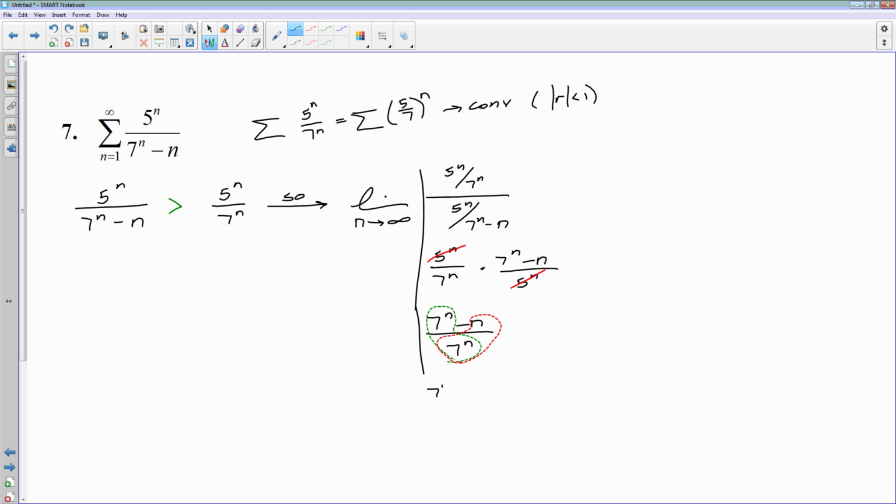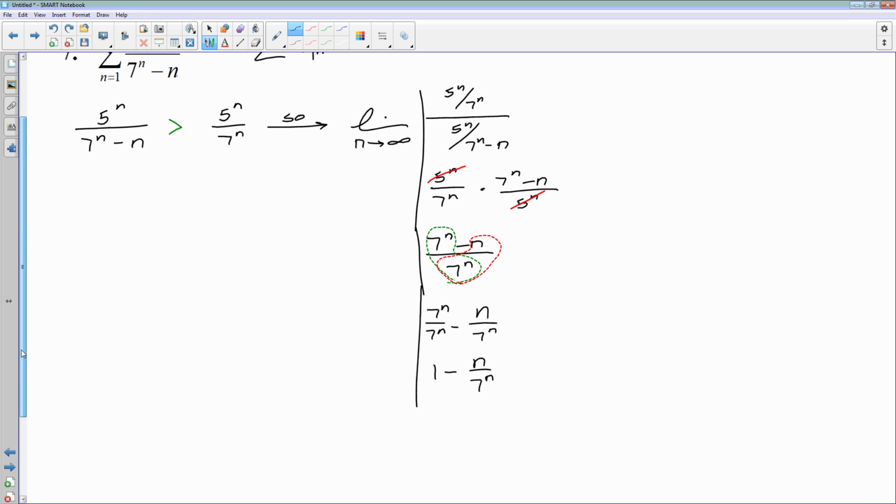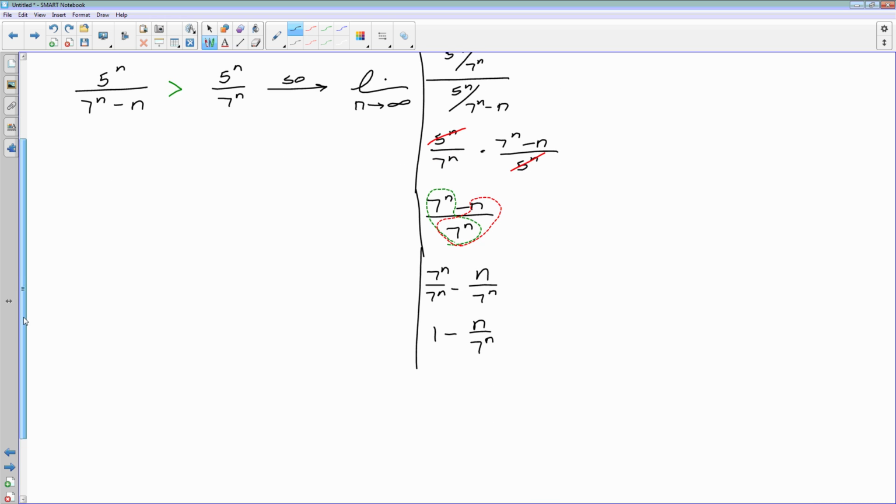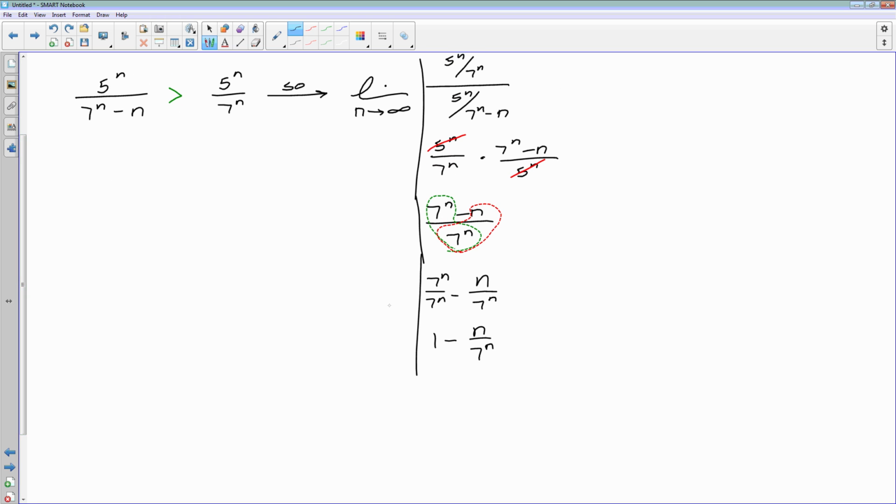So this is equal to 7 to the n over 7 to the n minus n over 7 to the n, which is 1 minus n over 7 to the n. And we have to determine what is the behavior of n over 7 to the n. Let me scroll down a little bit. If I were to plug in infinity, I get 1 minus infinity over infinity, and infinity over infinity is indeterminate.